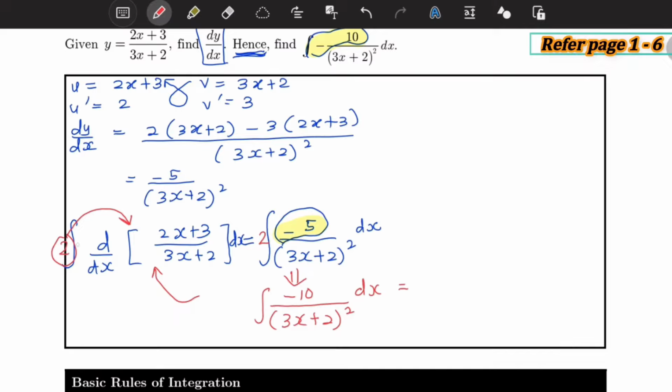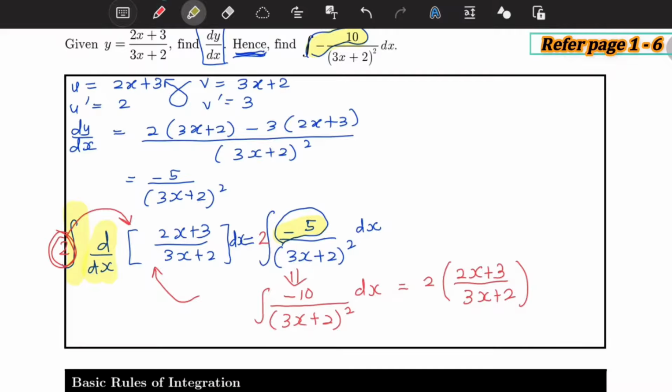So if we integrate something that we differentiated, we will get the original function. Don't forget we have 2 here. So the answer will be 2 times (2x plus 3) divided by (3x plus 2). We get the original function because we integrate and then differentiate, it goes back to the original.